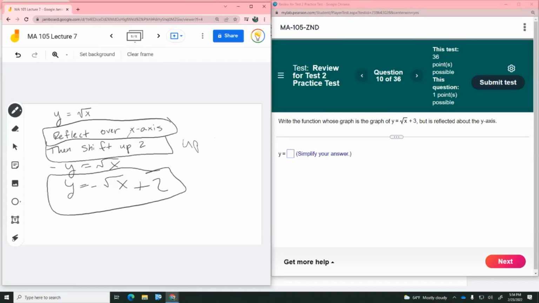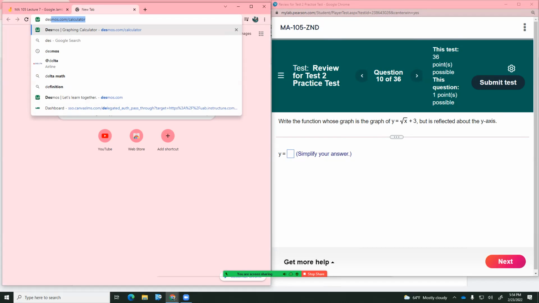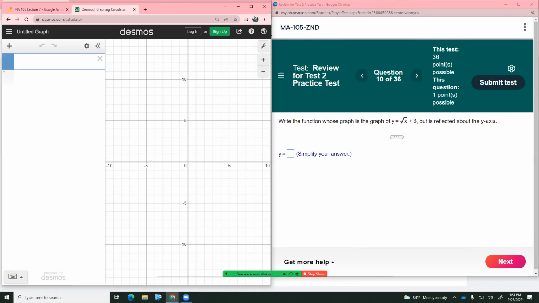Note the order does matter, because if I said shift up 2, then put a negative, that would completely change everything. In other words, it's the difference between taking this, shifting it, say, down 2, and then reflecting the whole thing like that.